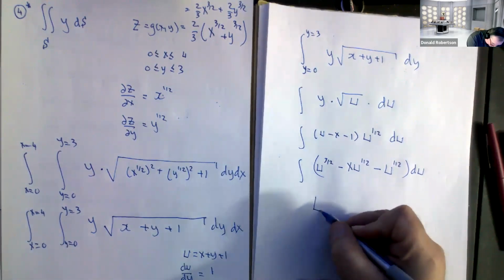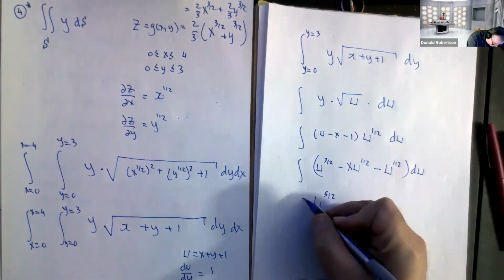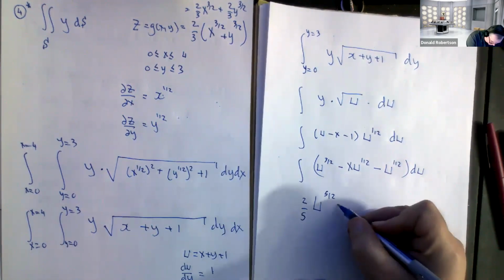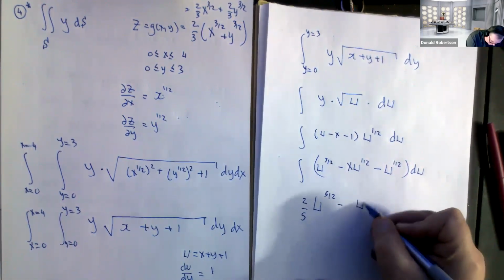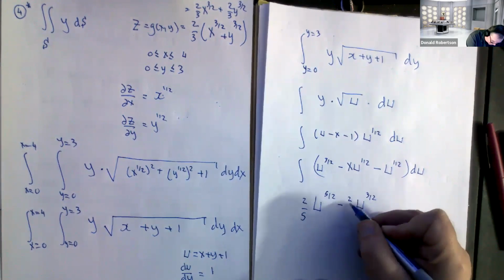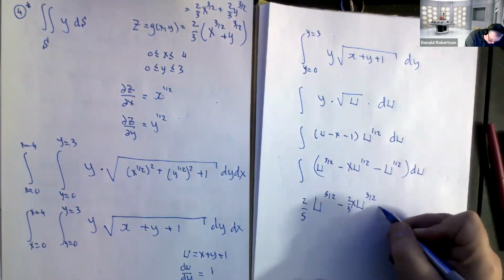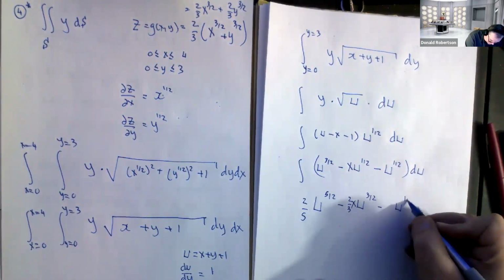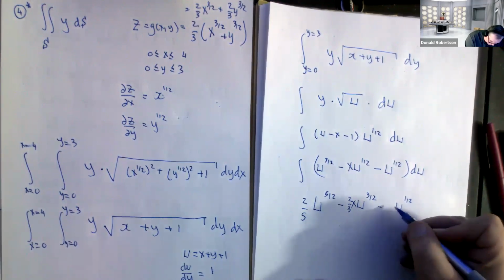Now, add 1 to the power, divide by the new power. Add 1 to the power, divide by the new power. Add 1 to the power, and divide by the new power.